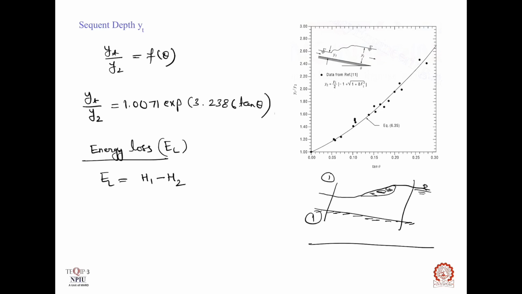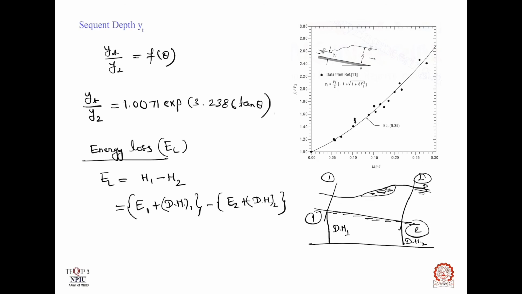This is section 1 and this is section 2. This is datum head at section 1, this is datum head at section 2. So what is H1? H1 is specific energy plus datum head at section 1 minus specific energy at section 2 plus datum head at section 2.